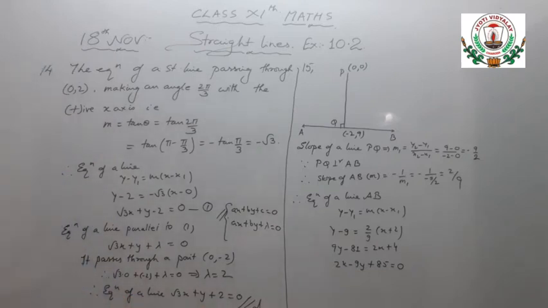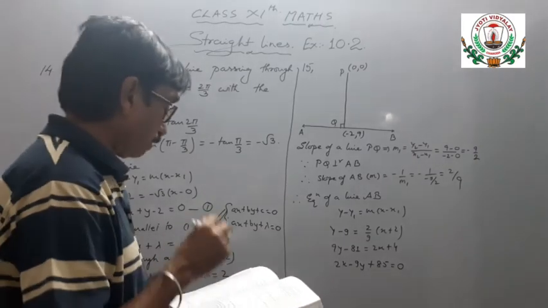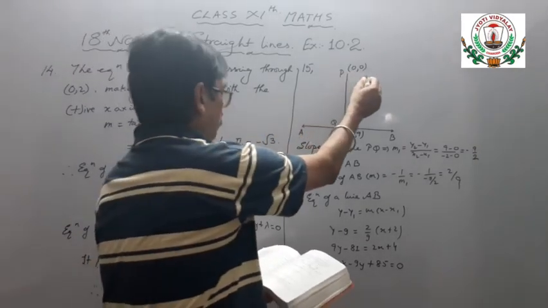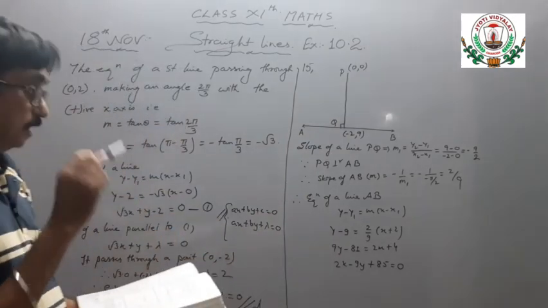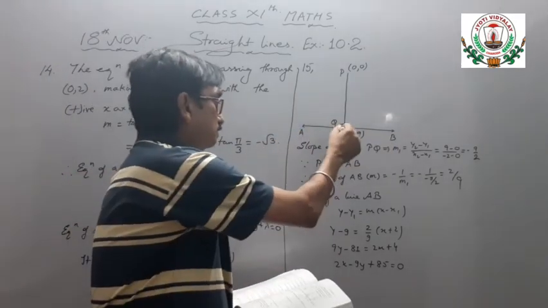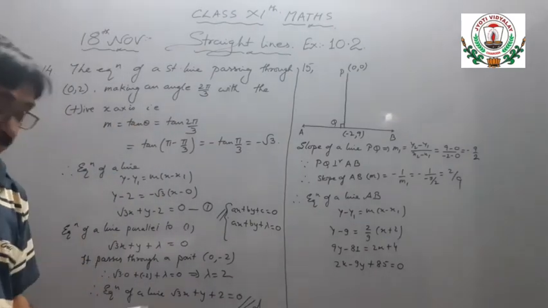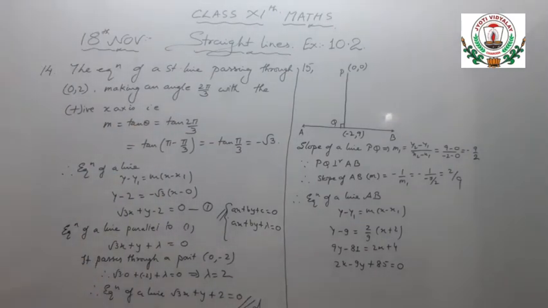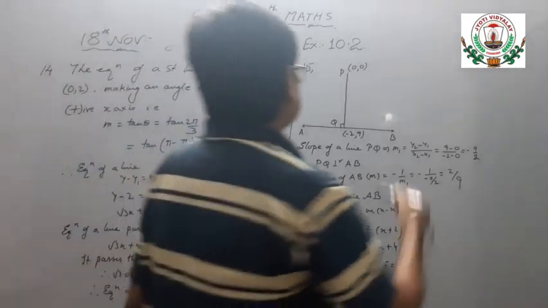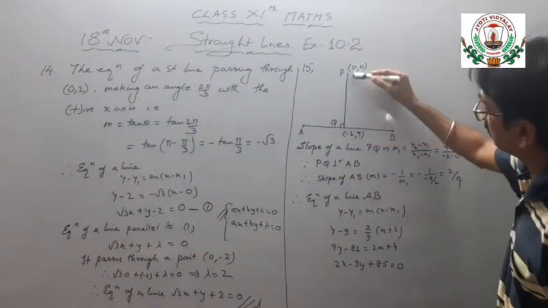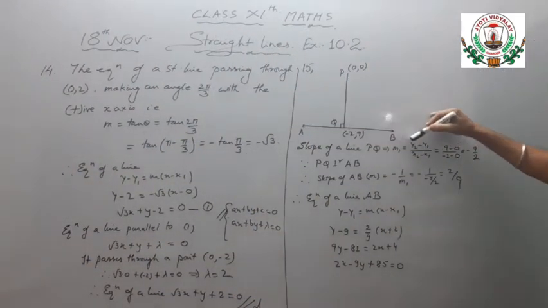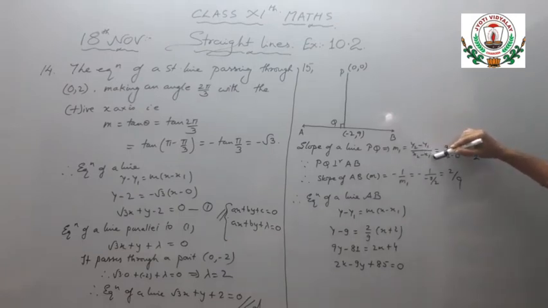Now let's come to question number 15. The perpendicular from the origin to a line AB meets it at the point Q(minus 2, 9). Find the equation of the line AB. First we have to calculate the slope of the line PQ by the formula (y2 minus y1) upon (x2 minus x1).